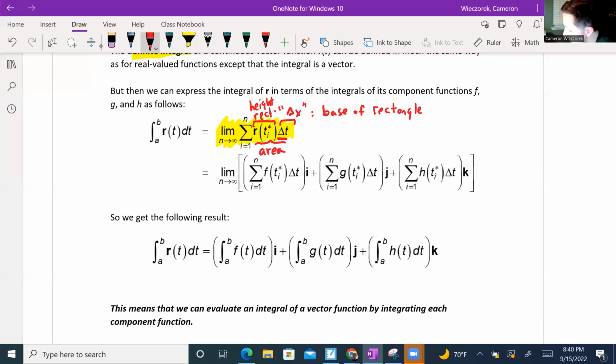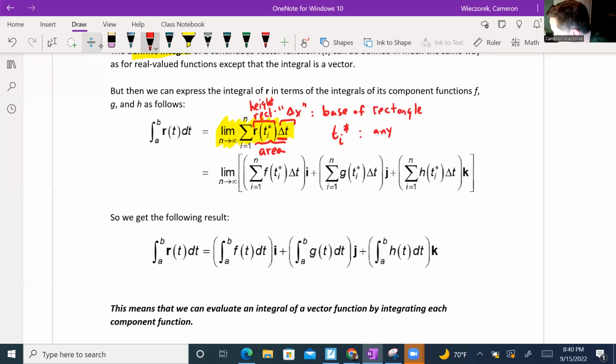Okay. T sub i star, you talked about a couple different methods last year for approximating definite integrals. You used left endpoints, you used right endpoints, and you used midpoints to approximate definite integrals. So this could be the left endpoint, it could be the right endpoint, it could be the midpoint, or it can be really any point inside the partition that you're picking.